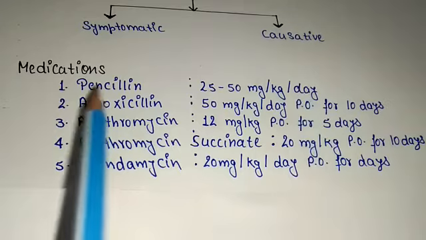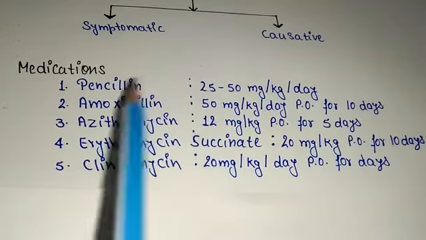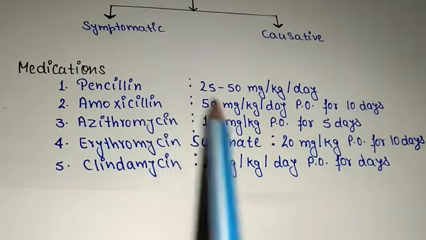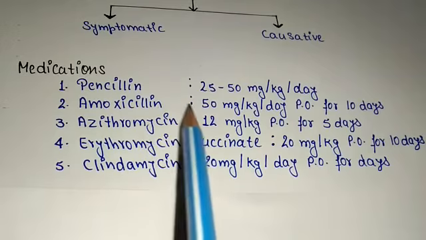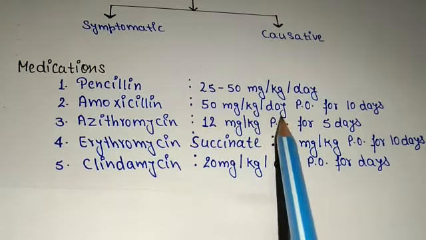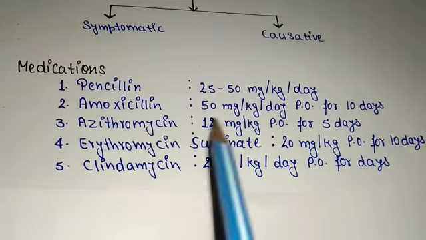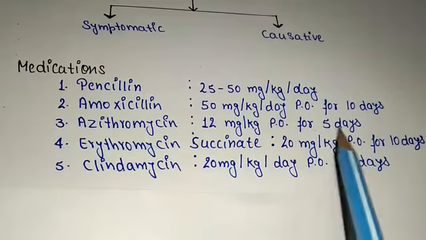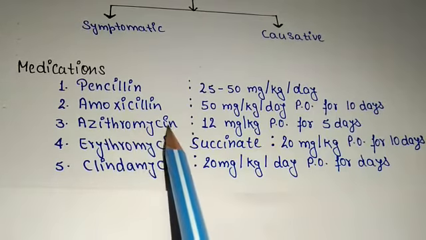And next is amoxicillin, either penicillin or amoxicillin may be given. The dose of amoxicillin is 50 mg per kg per day orally for 10 days. And azithromycin 12 mg per kg per day for 5 days, we can continue the azithromycin for 5 days.